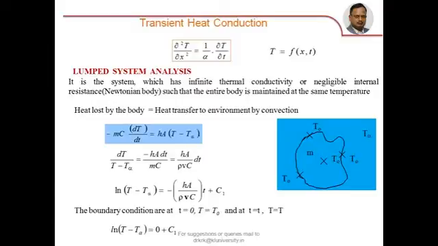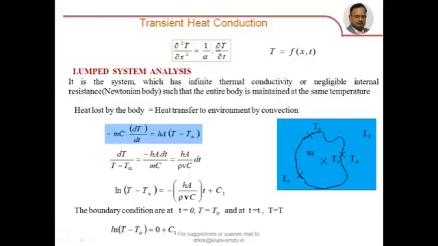And if we take one-dimensional conduction heat transfer in the Cartesian system under unsteady state, the governing equation boils down to ∂²T/∂x² = (1/α) ∂T/∂t, with no y term, no z term, and no heat generation.